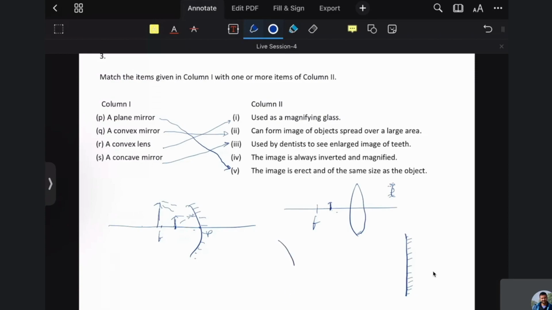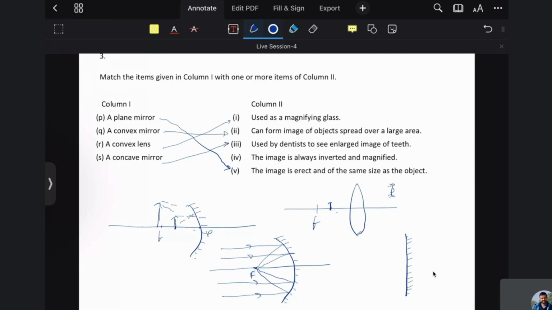If you have a spherical mirror and you silver this side of the mirror, you get a concave mirror. The property of a concave mirror is this: suppose these are parallel rays coming from infinity, it will converge them all to a single point called the focus. It is a converging mirror, and it always forms a real and inverted image.